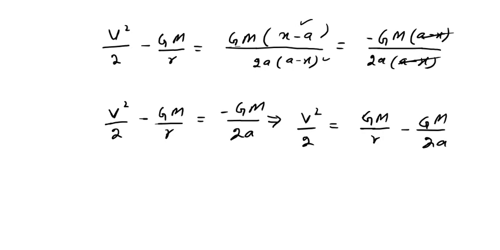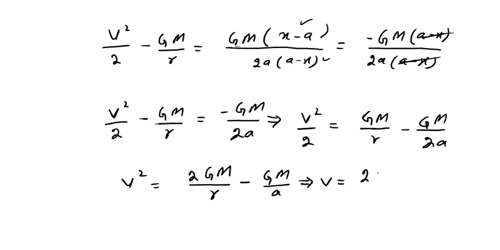Now cross multiply by 2, this will be equal to 2GM divided by r minus GM divided by a. Now taking the square root, v is equal to the square root of 2GM divided by r minus GM divided by a. Now this is our final equation.